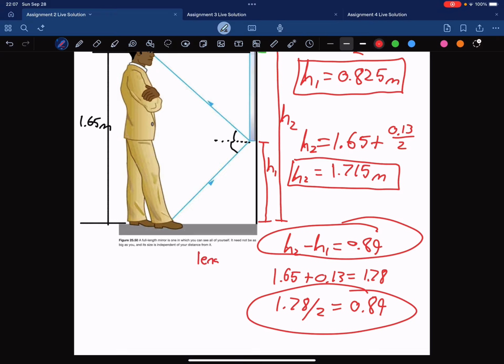Length of mirror is this guy. And this is half the person's height.